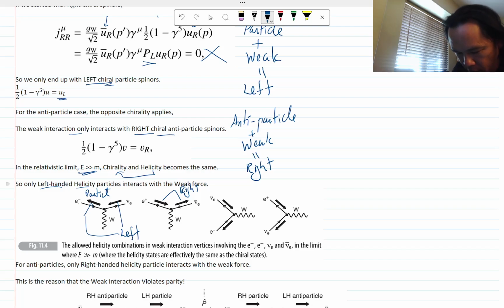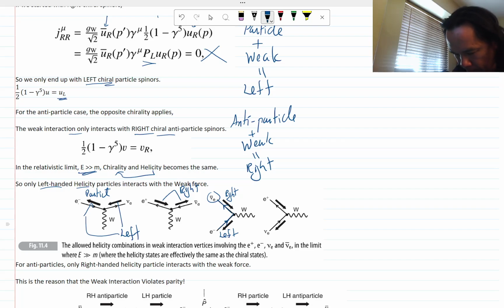Similarly, if you have an annihilation process where you have an electron coming in and an anti-electron coming in, but the particle arrow goes this way because this is an antiparticle. The electron is going to be left-handed, and the antineutrino is going to be right-handed.